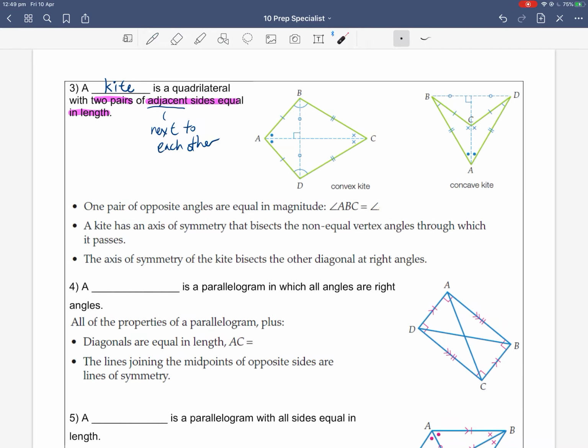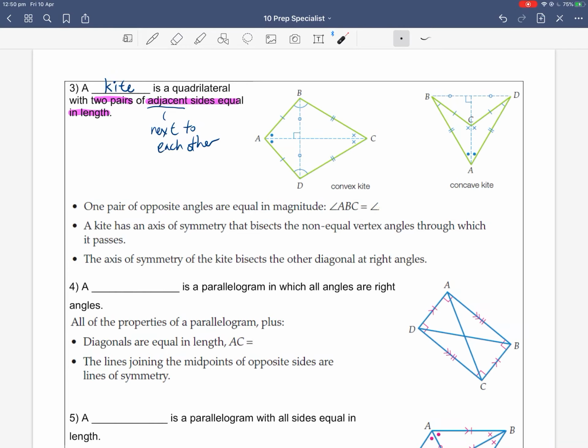So if you look at the picture here, AB is next to AD, and these two sides have the same length, and they're shown by the dashes there. And then the side BC is next to CD, and they're the same length with the double dashes there. So two pairs of adjacent sides have the same length.